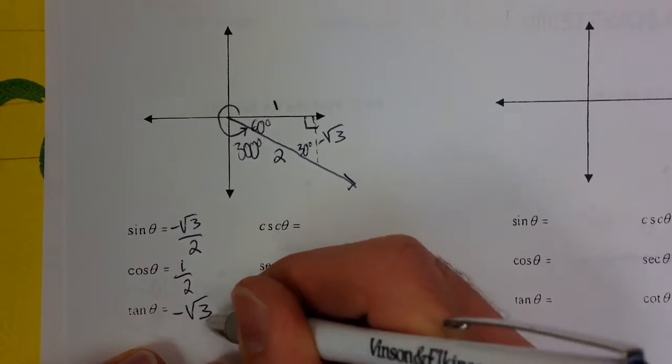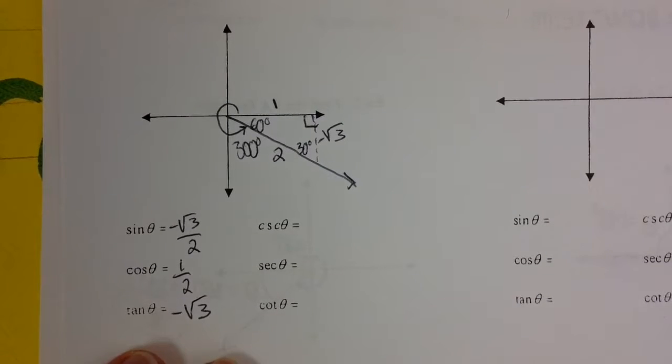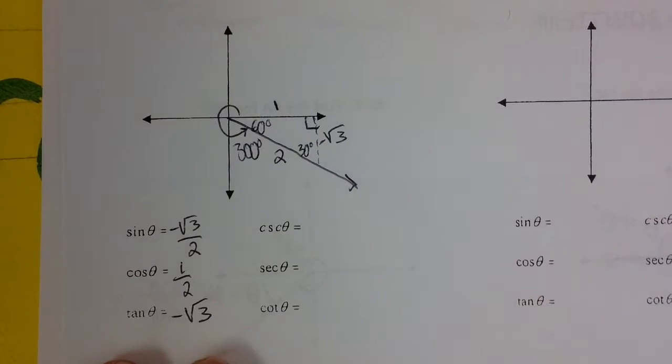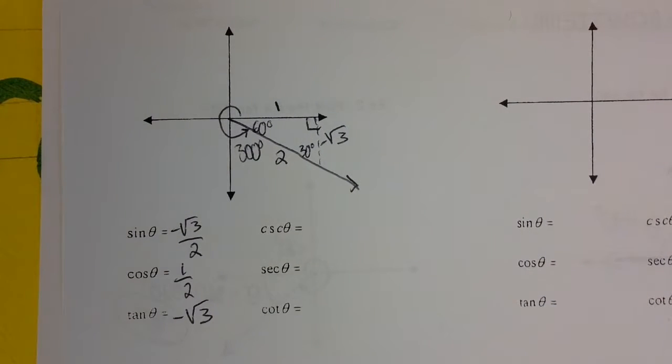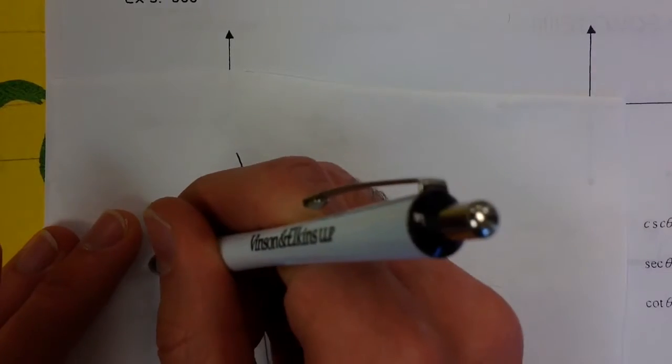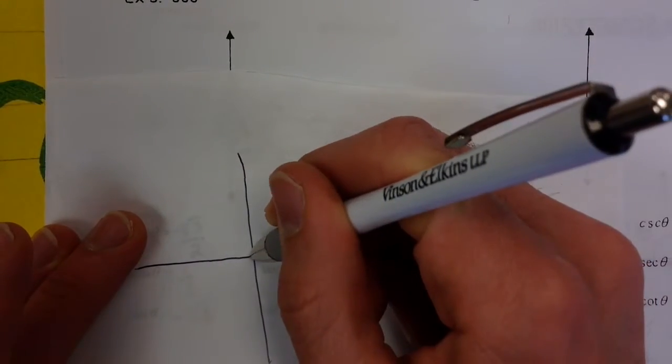Question. Why is the 2 not negative right now? The hypotenuse or the radius will always be positive. I could say by definition, but I'll try to give you a better answer than that. And here it is.